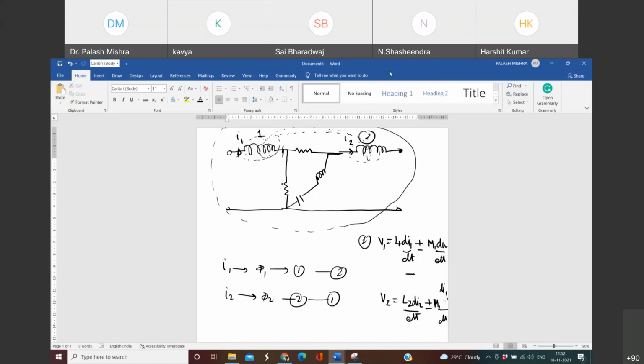Okay. Now, can someone tell me in this question whether the plus sign will be used or the minus sign will be used? Just by looking at these two coils, can you tell me which sign has to be used? Mutual inductance can be additive also. Mutual inductance can be subtractive also, depending upon the sense of winding and the direction of current.